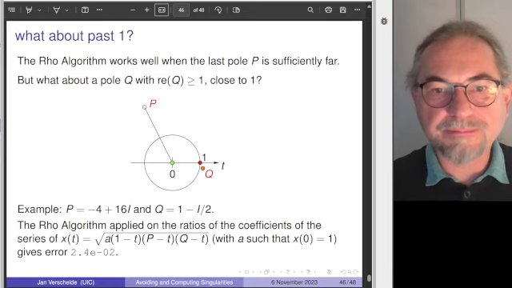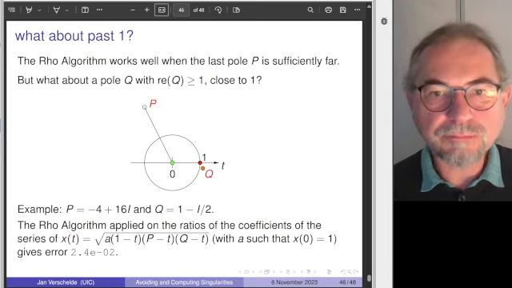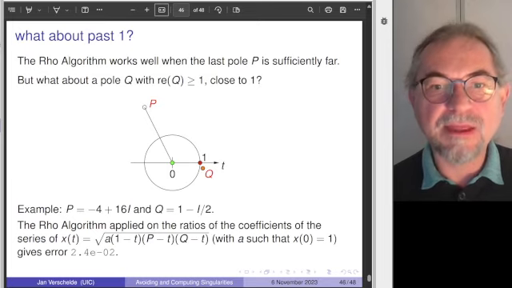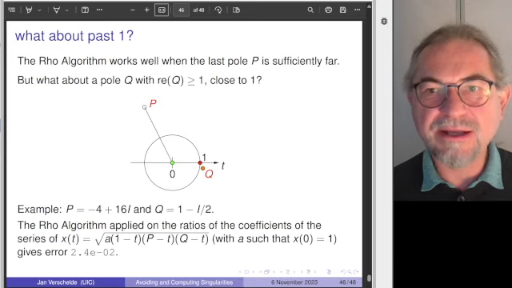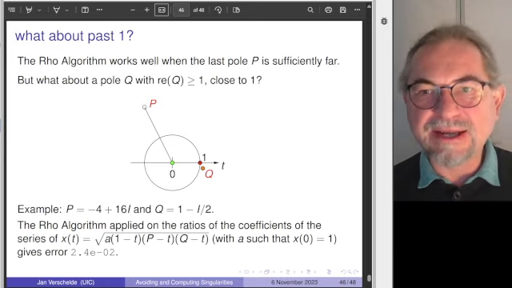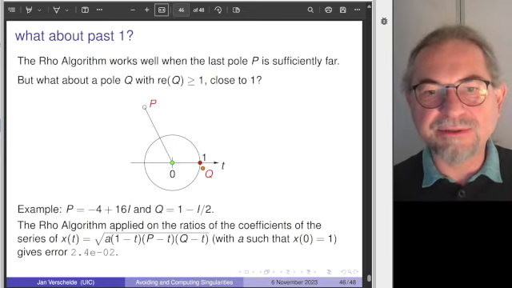Okay, what can go wrong now? Well, what can still go wrong? So what if you still have a pole close by, but you can't really scale it away? So you are recentering at the origin, but it could still happen that you have this orange Q here.